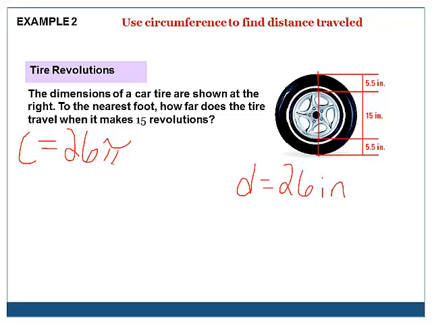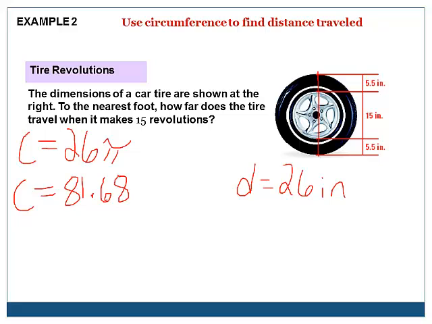You could use 2 pi r if you divided 26 by 2 to get 13, but really we're just skipping a step by using the diameter. After we multiply 26 times pi, we should get 81.68. This should be close to what you get. It just depends on what you use for pi and your rounding.